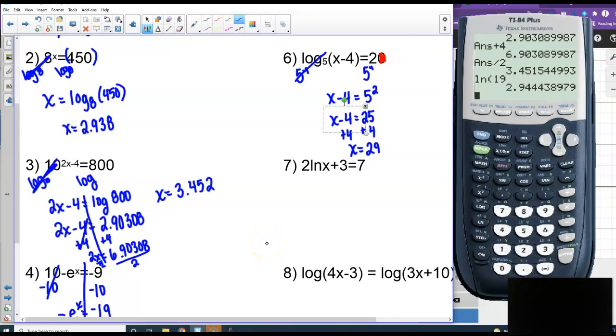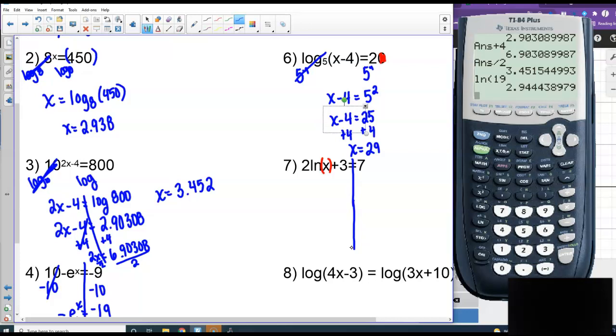For number 7 here, I've got 2 natural log of x plus 3 equals 7. Now, in this case, there's no parentheses, so the only thing that's with our natural log is just that x, right? So before we can do exponents to get rid of our natural log, we've got to get rid of this 2 and this 3. What should we do first? We've got to get rid of the 2 or the 3 first.